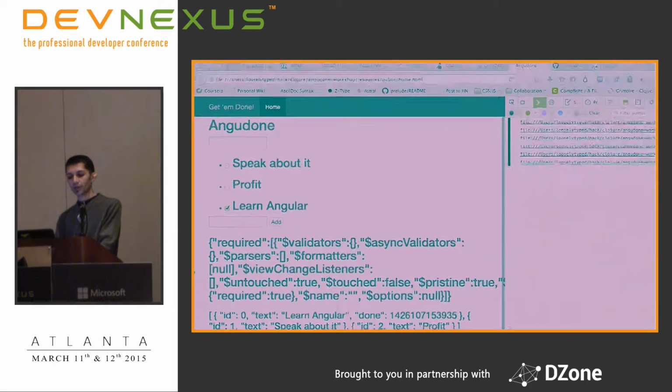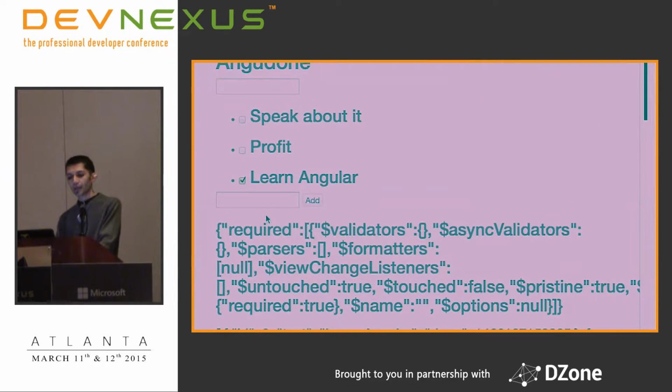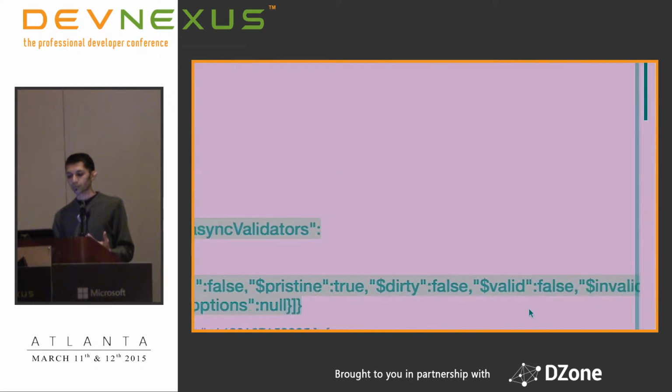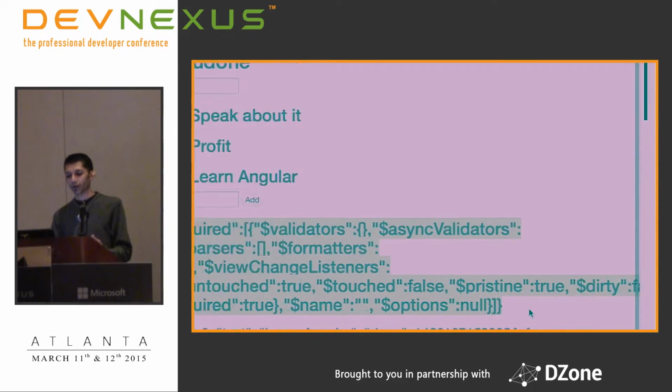So you can see down below here that there's an object attached to that. Remember that form control I told you about that gets created when you have a nested form inside an Angular application? He has an errors object and he has this really long list of properties attached to him.